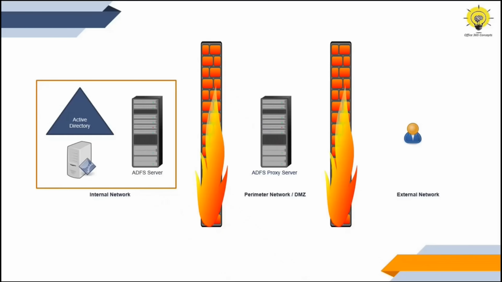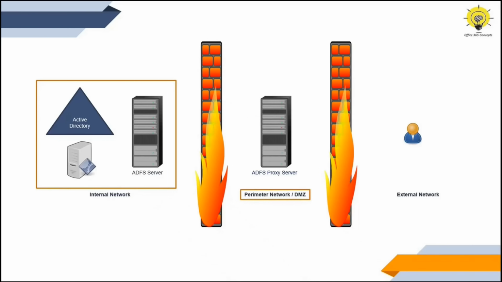ADFS proxy server is also called Federation proxy server, remote access role, or web application proxy server. ADFS proxy server is always deployed on the perimeter network or DMZ network. This network is not part of the same network segment that the ADFS server is using.